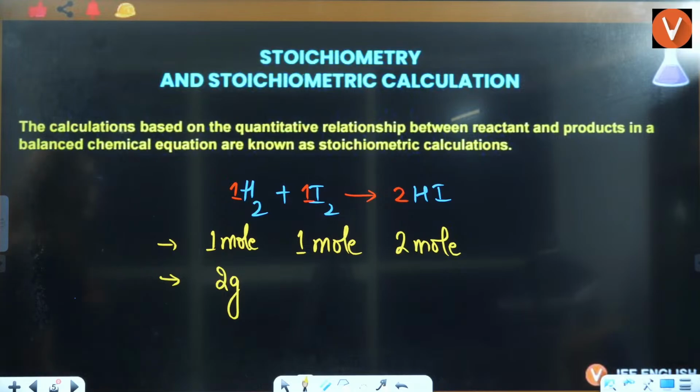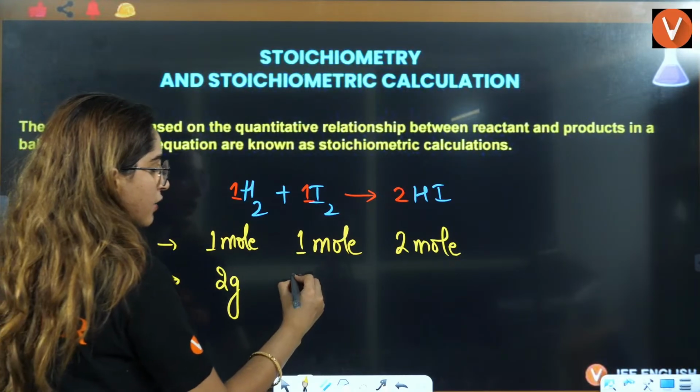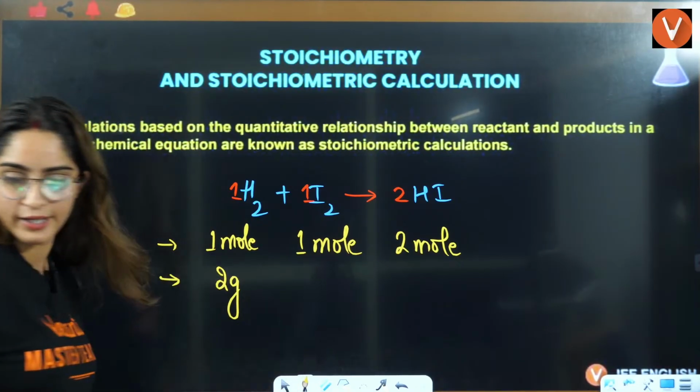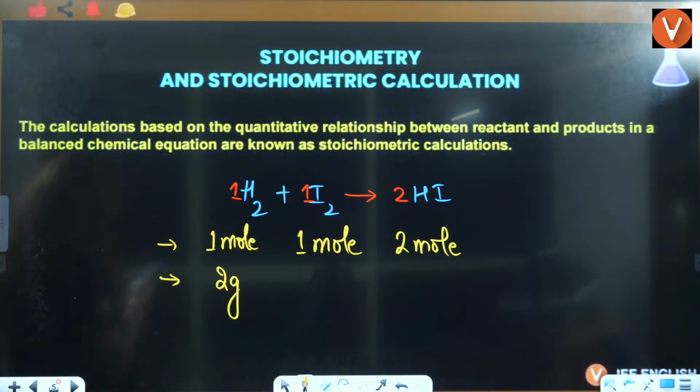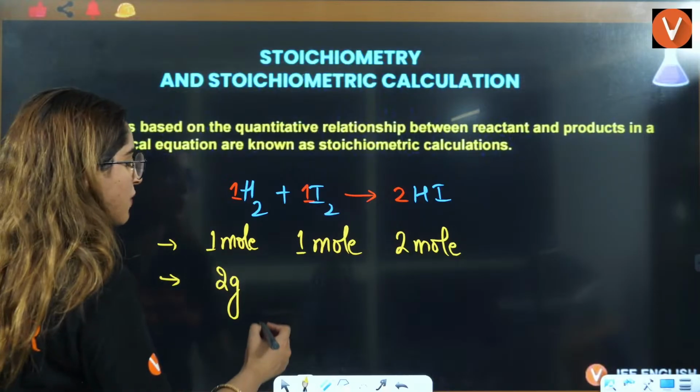We can say 126 multiplied by 2. Hmm, 126 only you can write here. 126.6, you can take it as 127.